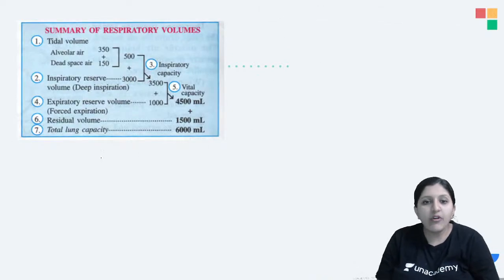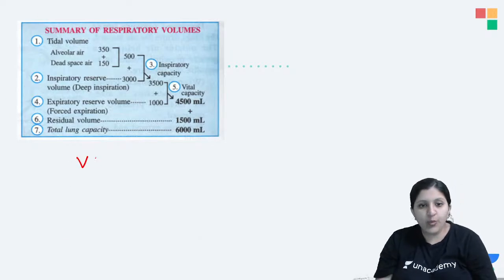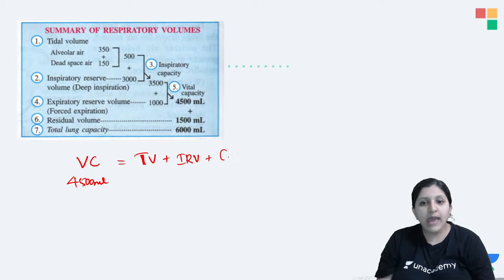Okay, so I was writing for vital capacity. Vital capacity is how much? It is 4500 ml. There is tidal volume, inspiratory reserve volume, and expiratory reserve volume. Tidal volume is 500 ml, this one is 3000 ml, and this one is 1000 ml.